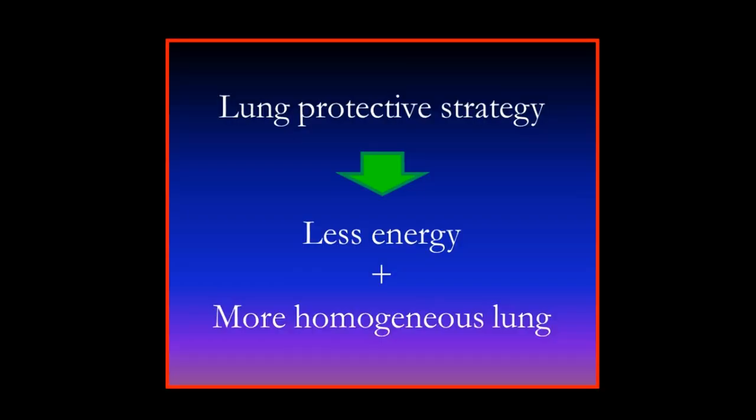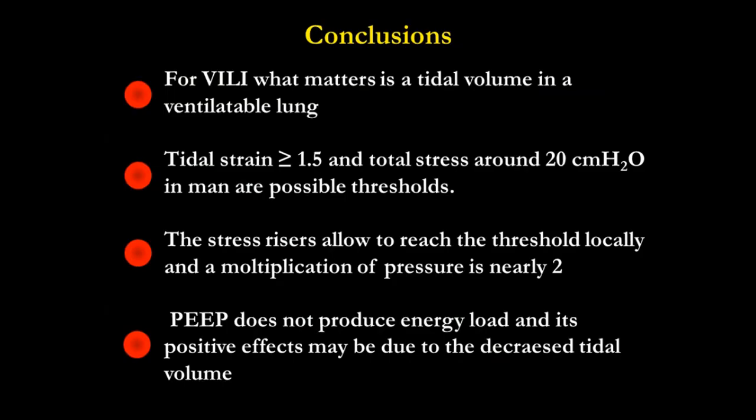So I think, and we are confirming this using a little shot, but playing with the frequency, the lower the frequency, the lower the energy. And preliminary results, more than preliminary results, fit with the theory. So to conclude, to protect the lung, we have two ways: less energy and a more homogeneous tidal volume, and so on. And this is what we may conclude from this topic. I thank you for the attention.